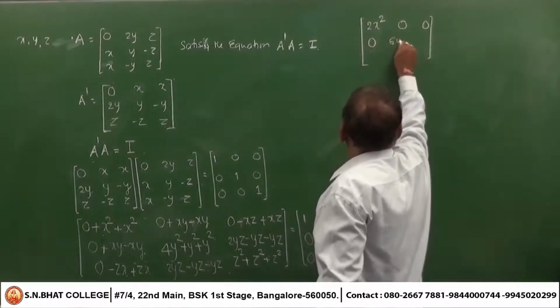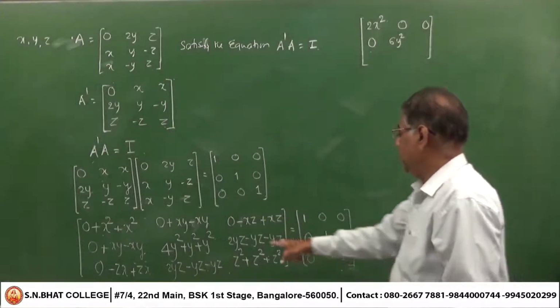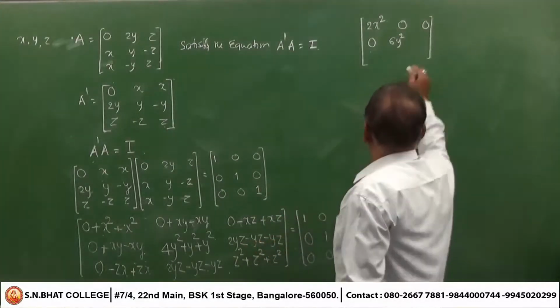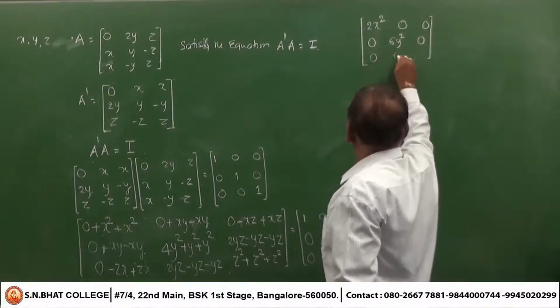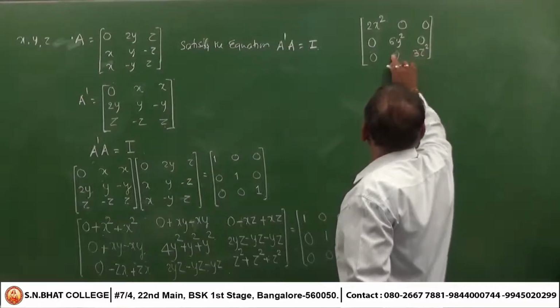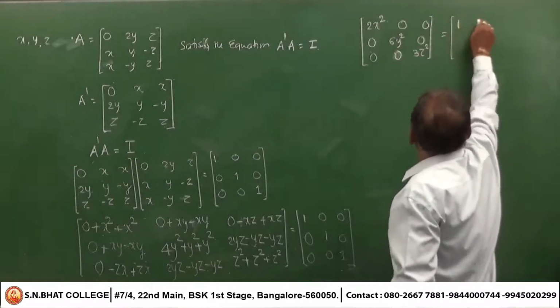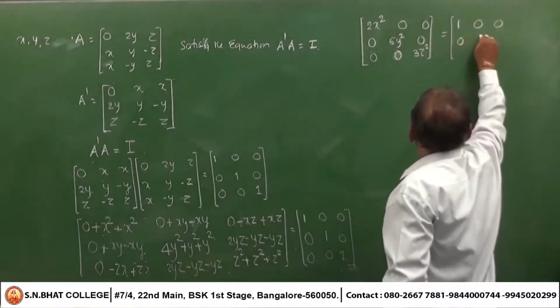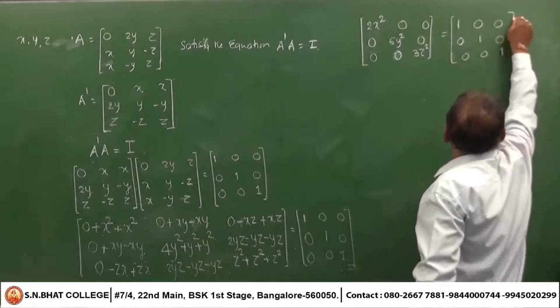Next is 4y square plus y square plus y square is 6y square. 2yz minus yz is 0. Next is 0. Next is 0. Next is 3z square, is equal to 1 0 0, 0 1 0, 0 0 1.